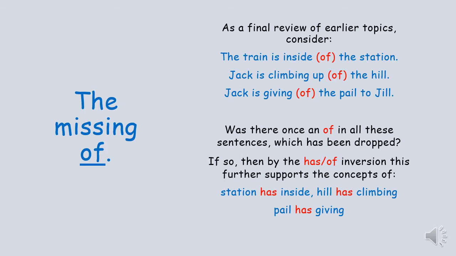Is there an argument which says that perhaps in the distant past, there was once an of associated with all these sentences, which over the course of time has been dropped? So was the first sentence once the train is inside of the station, Jack is climbing up of the hill, Jack is giving of the pail to Jill?